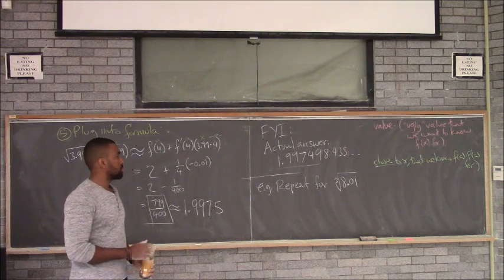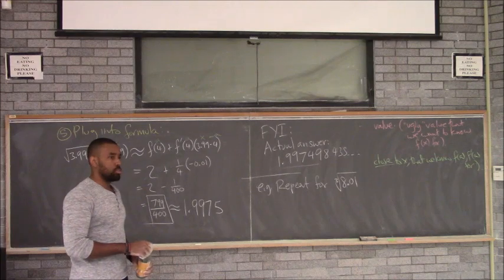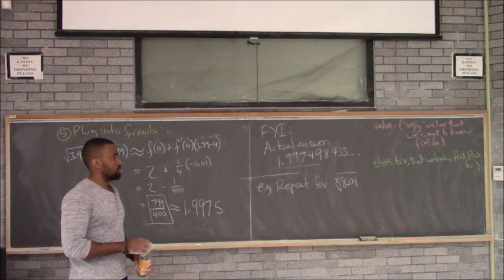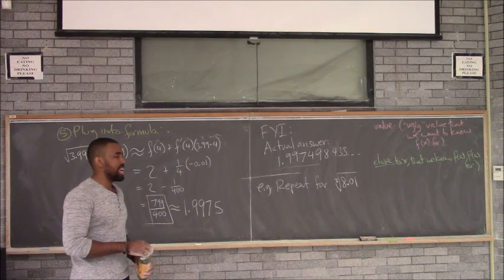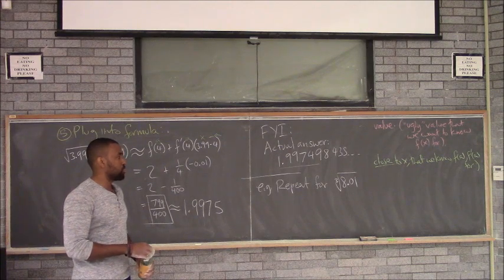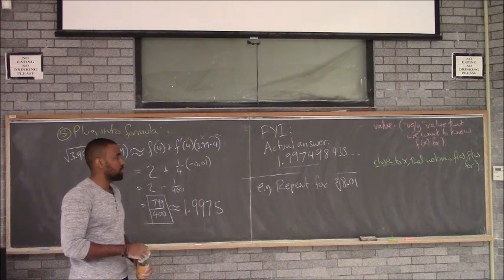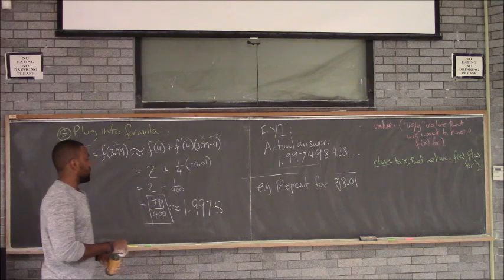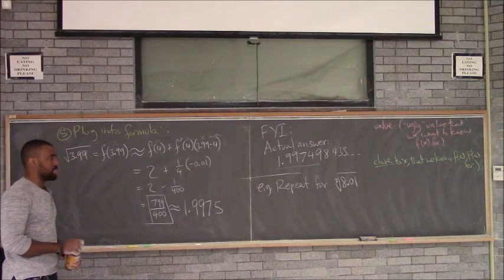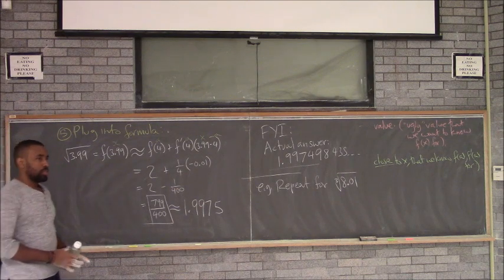X to the 1/3, the cube root of x. What would your x be? 8.01. What would the a be? 8. Right. 8 is the closest thing to 8.01 that you actually know the cube root of, and it's pretty close. So try that by hand, see how many decimal place accuracy you can get.